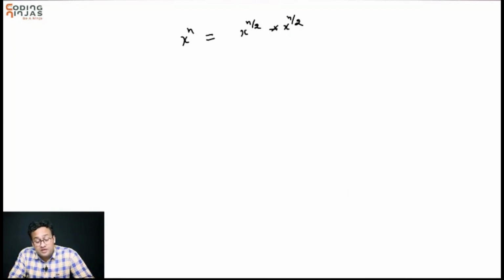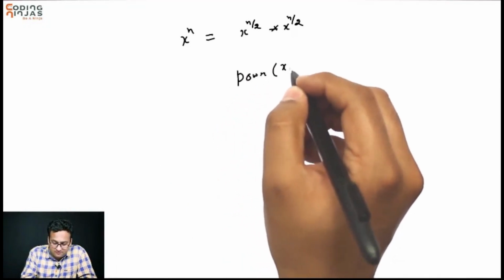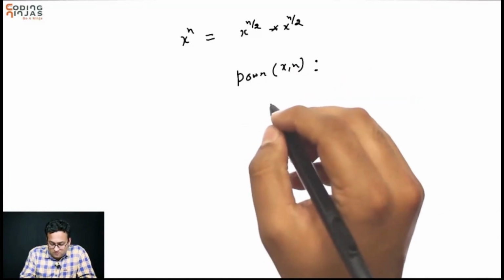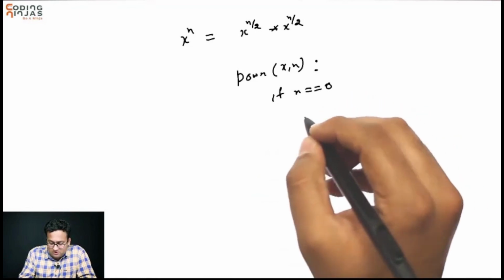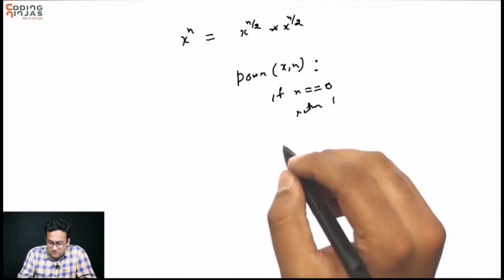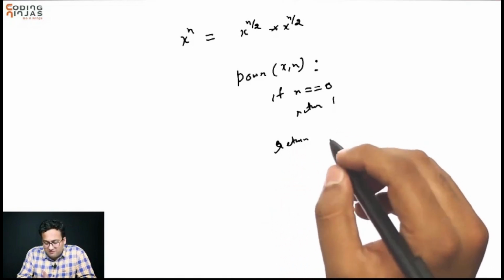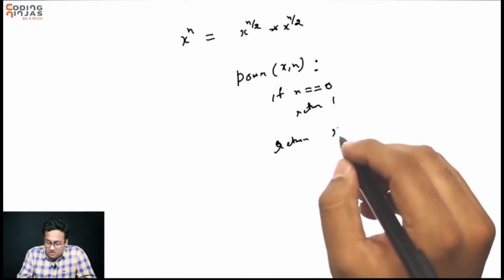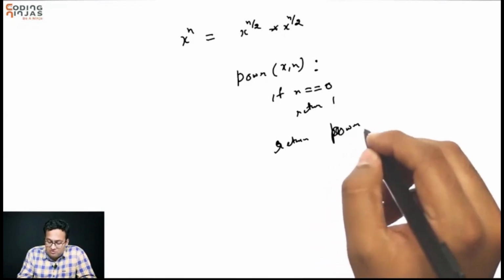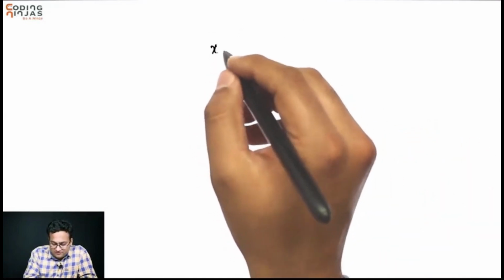Now, let me just quickly write the code for this. Let's say you write your power function this way. If n equal 0, return 1, otherwise return. And for now, let's assume n is even. I don't want to complicate my code. Okay, let's not assume it.